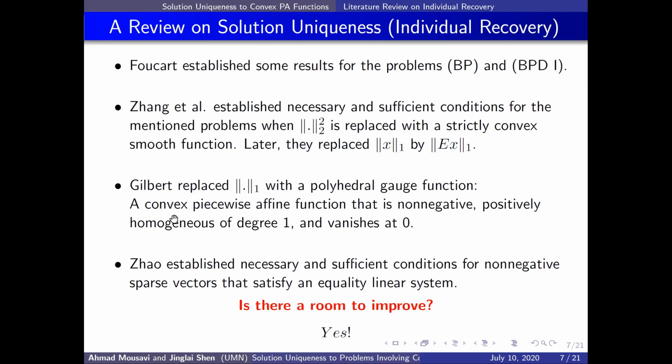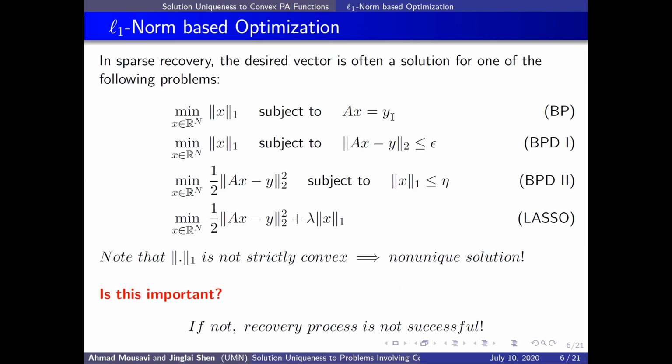Then in 2016, I guess, Gilbert replaced norm 1 with a polyhedral gauge. And Dr. Zhao, I think in Liverpool, established necessary and sufficient conditions for non-negative sparse vectors. So he has extra conditions here that x is also bigger than or equal to 0.